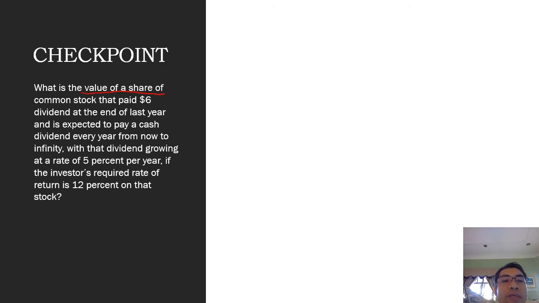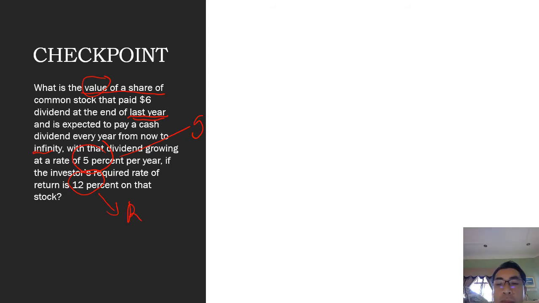It is a common stock that paid a $6 dividend at the end of last year, and is expected to pay a cash dividend every year from now to infinity, with that dividend growing at the rate of 5%. So 5% is the g. If the investor required rate of return is 12%, this is the r.